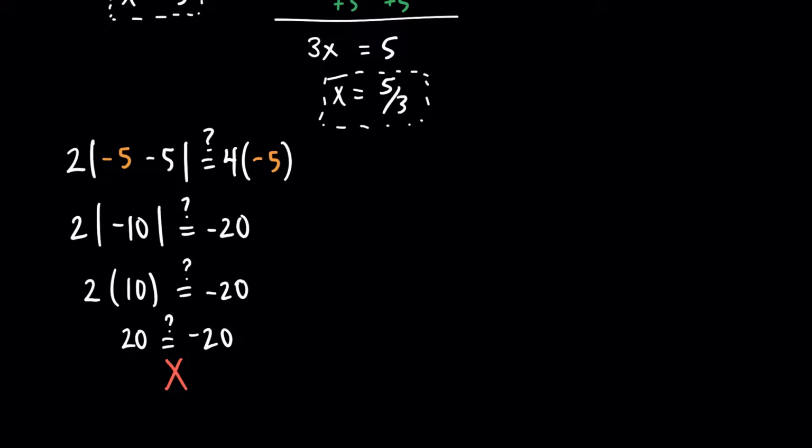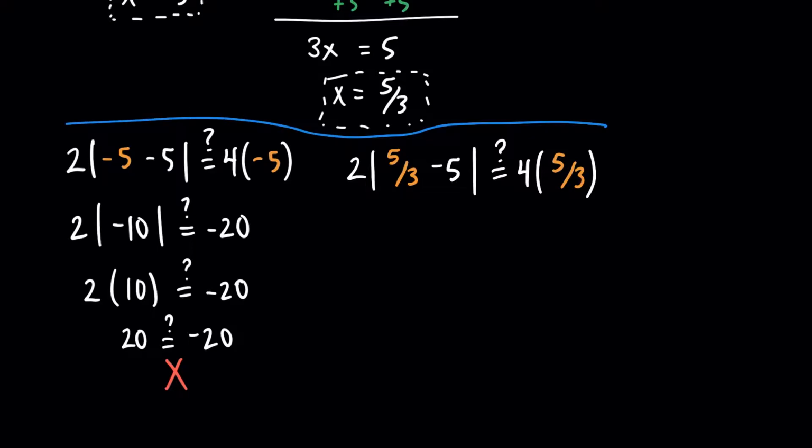So we've got 2 times the absolute value of, this is going to be messy, 5/3 minus 5 is supposedly equal to 4 times 5/3. Okay, all right. I'm going to draw some lines here just so we can see what's going on. So 2 times the absolute value of, if you do 5/3 minus 5, 5 can be written as 15/3.